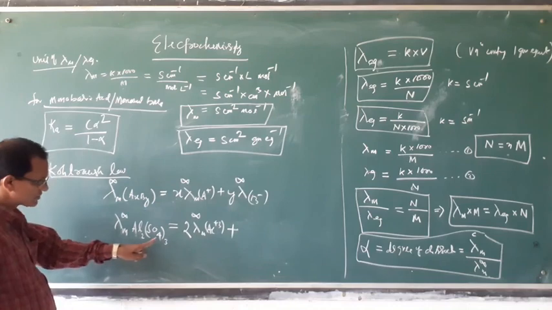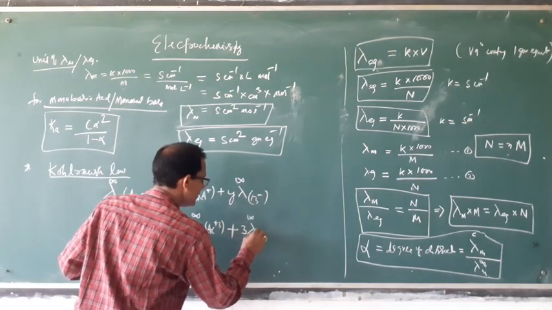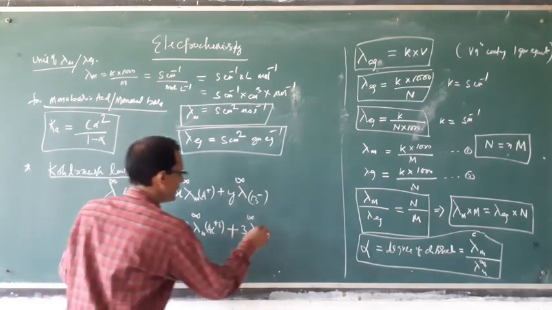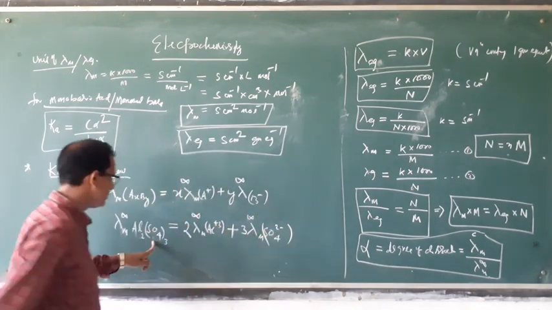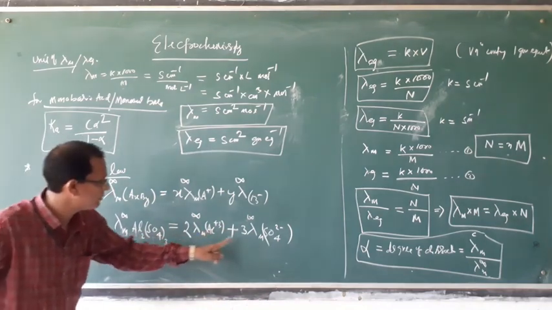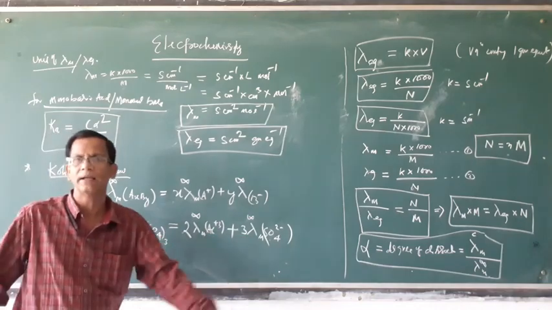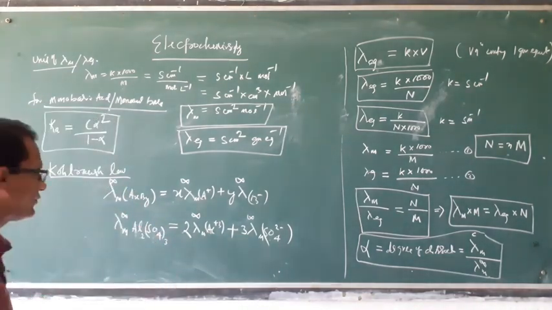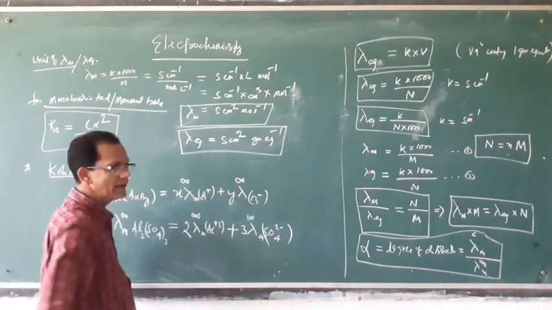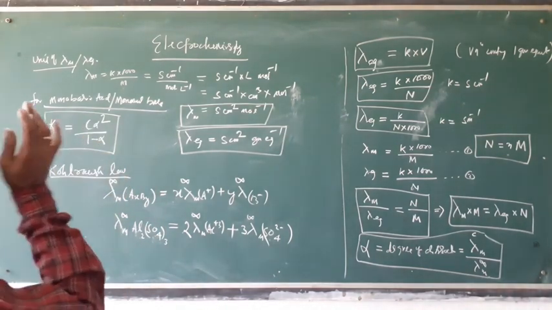Plus how many sulfate ions? 3. So 3 lambda infinity of sulfate ion. So you have to mention the cation and anion, and the number of cations and anions also multiply. That is called your Kohlrausch's law: summation of all lambda m values at infinite dilution. The condition is at infinite dilution.